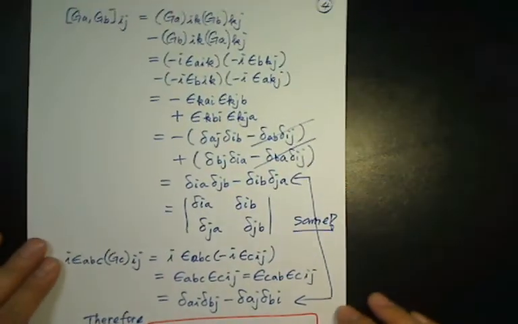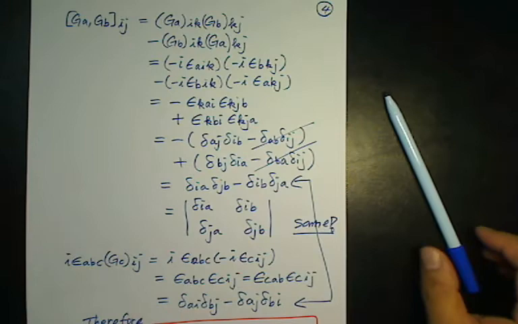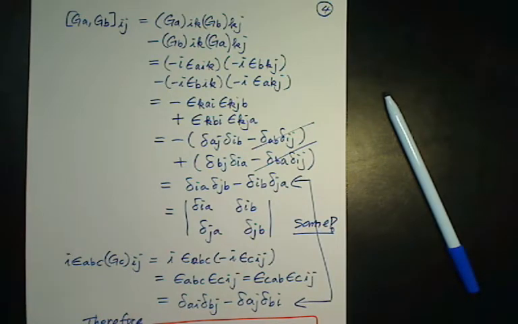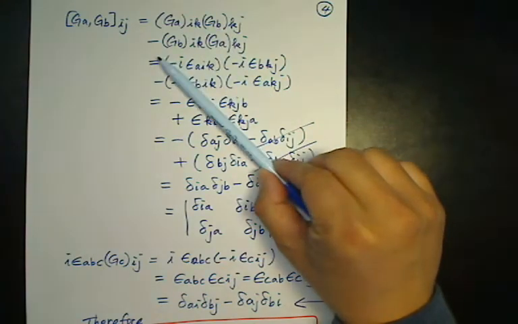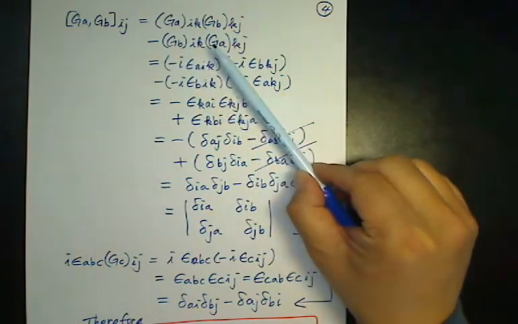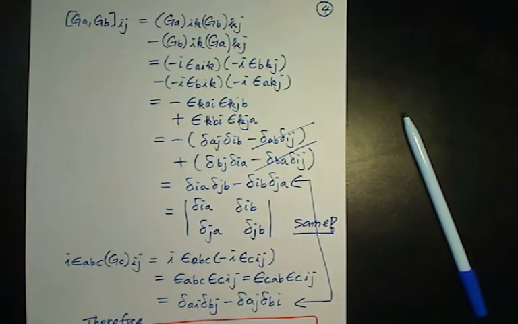Okay, let us check explicitly. This is a matrix multiplication, GA, GB subtracted by GB, GA, and we need to compute the ij element for every i and j.